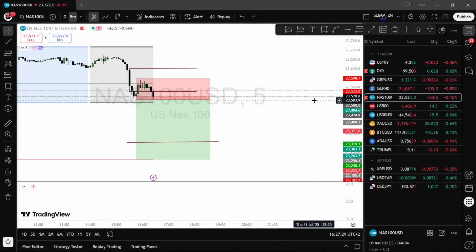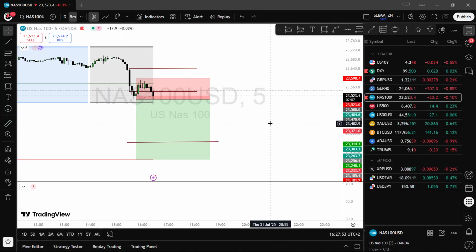So the only trade remaining now is the Nasdaq trade, which is still running at a loss. Let's see if I'm going to be able to just wait for it to turn blue so that I can end this session.